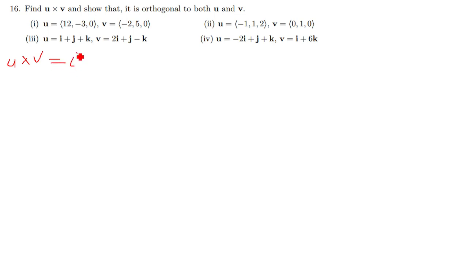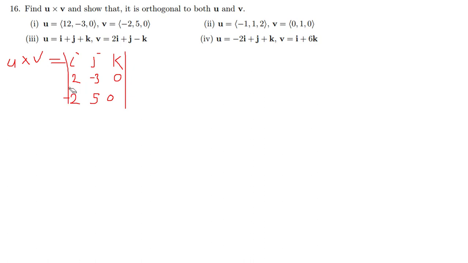You write your i, you write your j, and then you write your k, and then you write 12 there, you put -3 there, then you put 0 there, then you put your -2 there, you put 5, you put 0. So once you do this, you find the determinant of this.